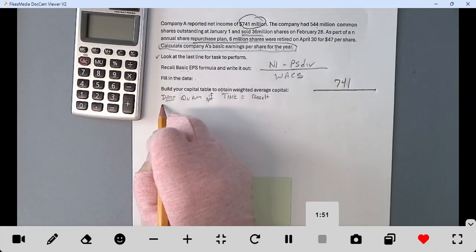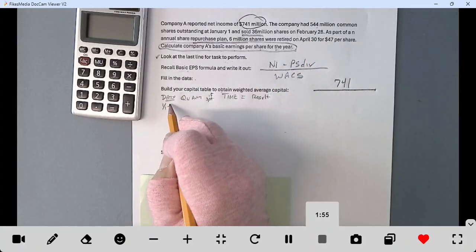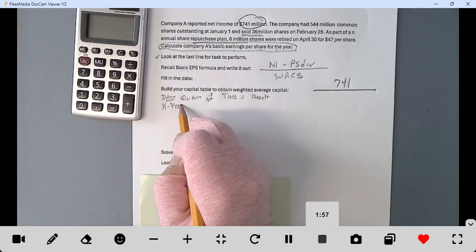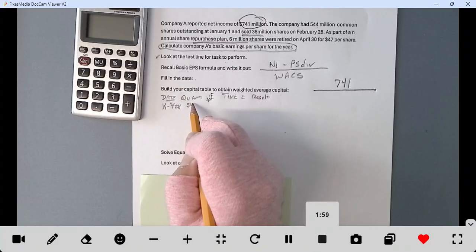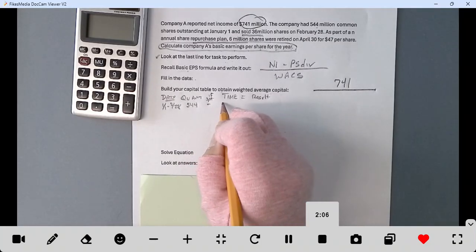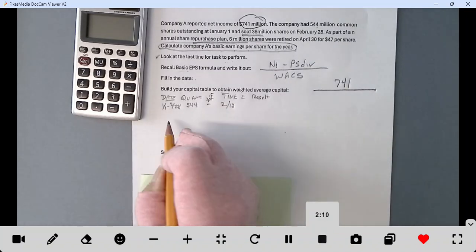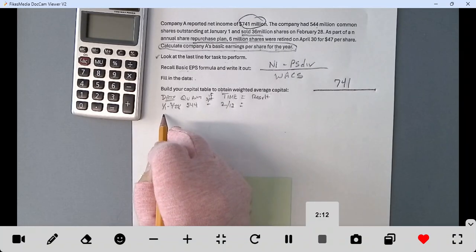So the first date we start is 1/1. The next change date was 2/28, and we had 544 million shares for that entire time. We did not split, so we had 2 months out of 12. We'll do the calculations later.